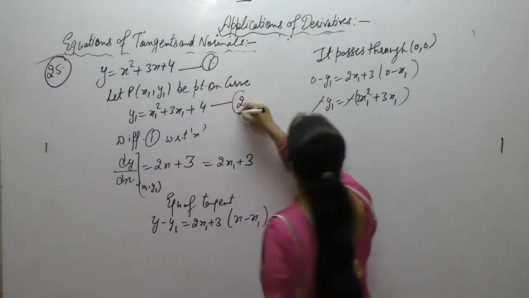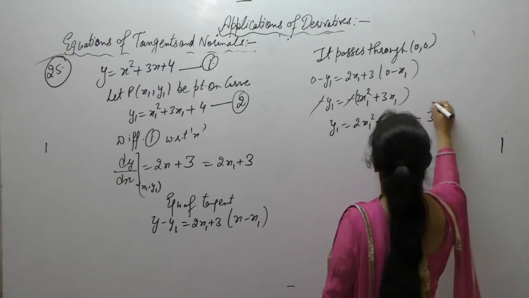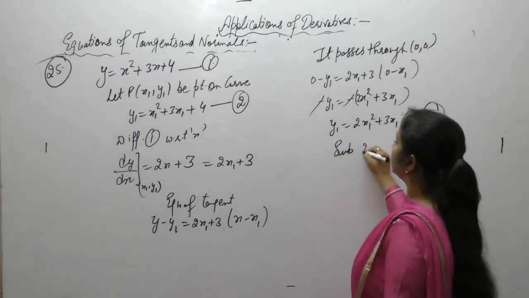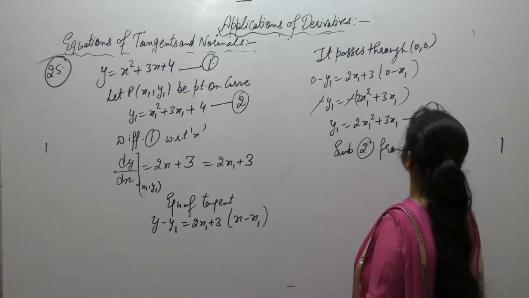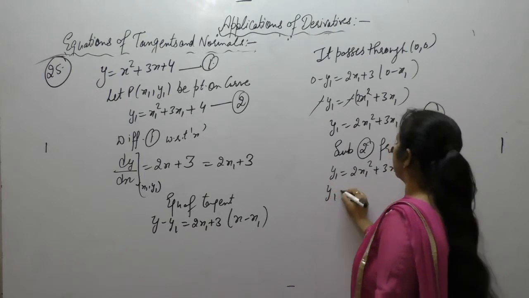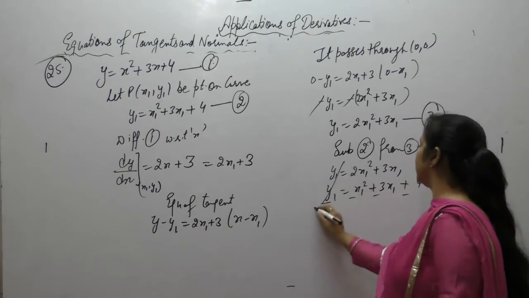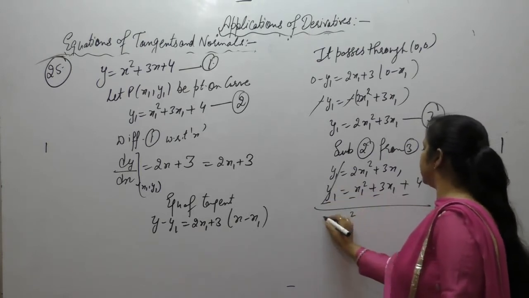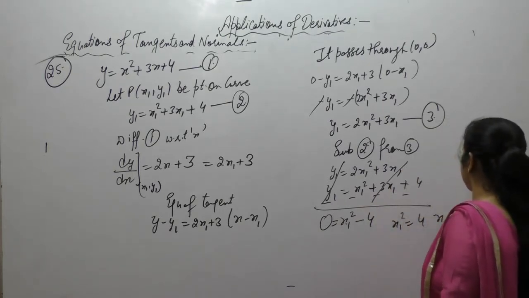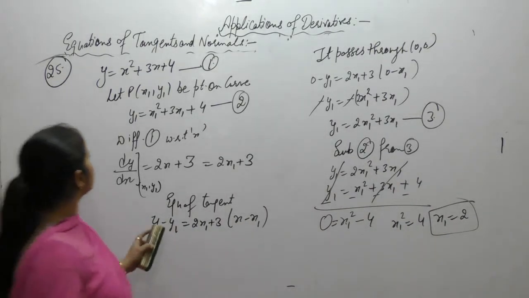Let this be equation 2 and this be 3. Now to find the value of x1 or y1, subtract 2 from 3. y1 equals 2x1 square plus 3x1, and y1 equals x1 square plus 3x1 plus 4. Subtract the equations: 2x1 square, and 3x1 will get cancelled. So x1 square is equal to 4, so x1 is plus minus 2.